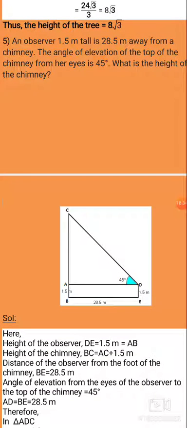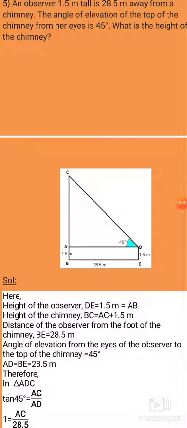Angle of elevation is 45 degrees. Therefore in triangle ADC, AC by AD is equal to tan 45. Now tan 45 is 1, so 1 is equal to AC by 28.5, which is AD. Now AC is equal to 28.5.